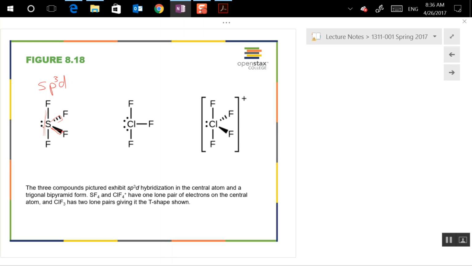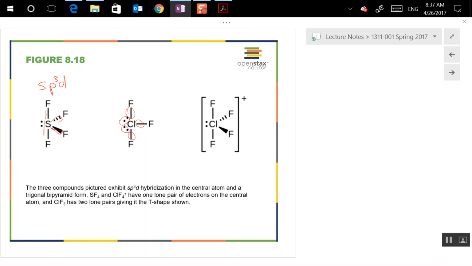Okay, what is the hybridization of this one? Okay, 1, 2, 3, 4, 5. I have 5 hybridized orbitals. So s, p, d. Let's see, sp3d.